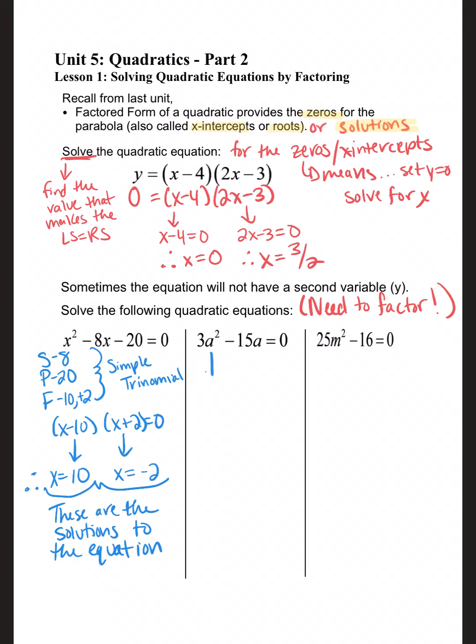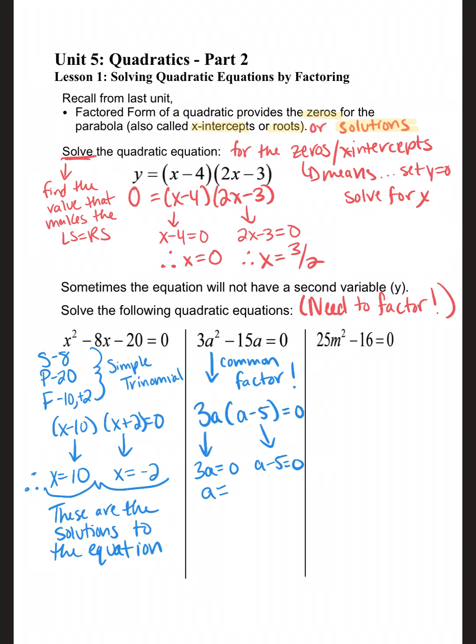We should do what we always should look for first, and that is a common factor. I can common factor out a 3a. If I take out a 3a, I'm going to be left with a minus 5 equals 0. Again, I can set both of those equal to 0 and solve.